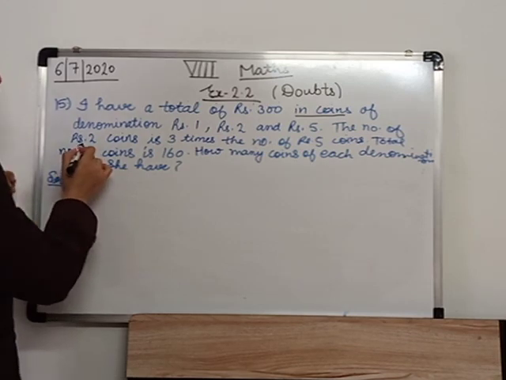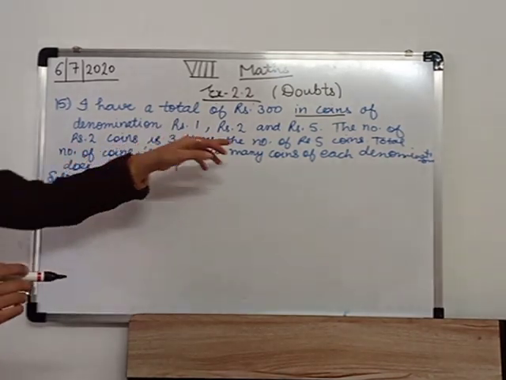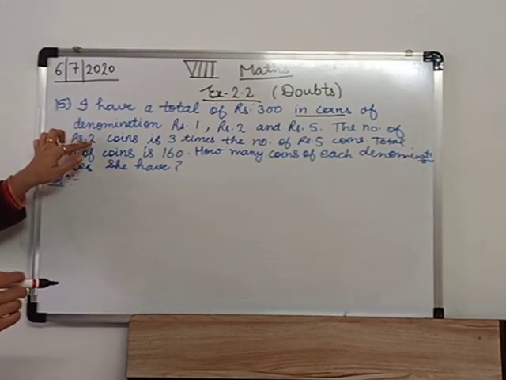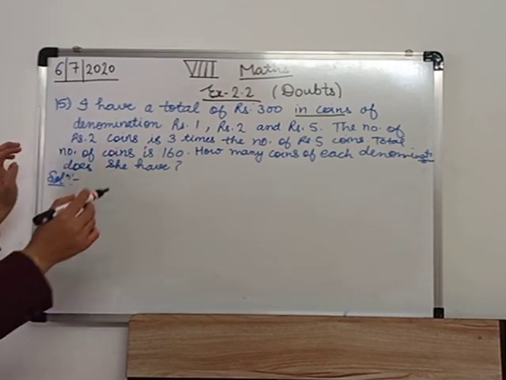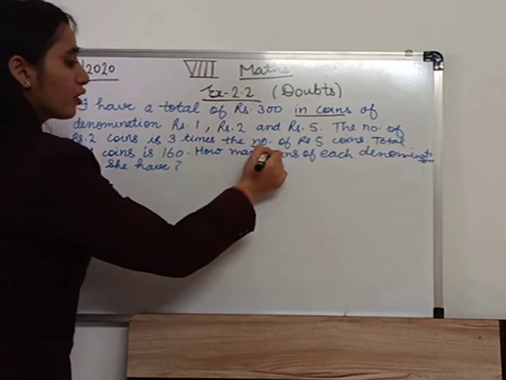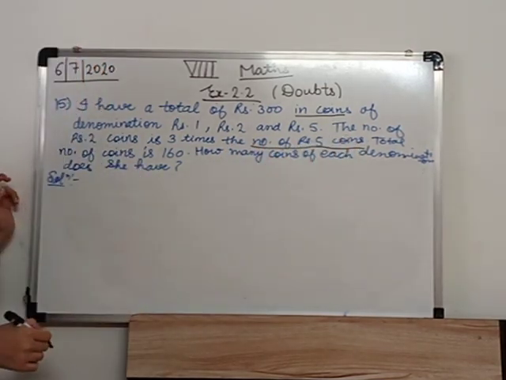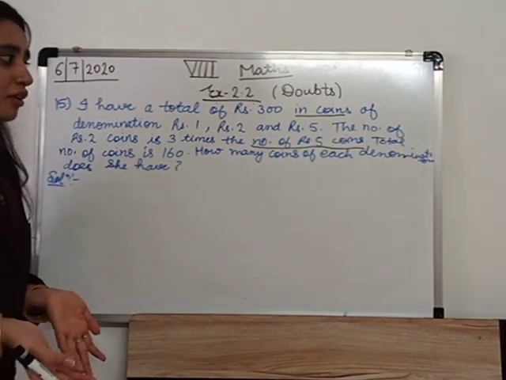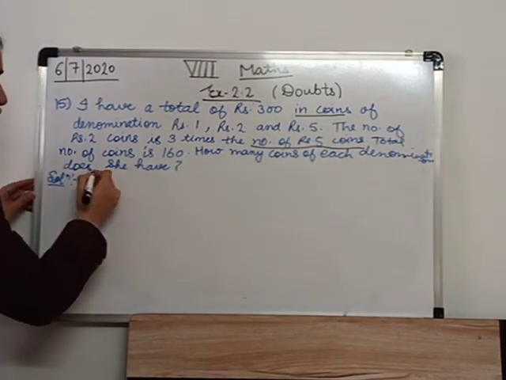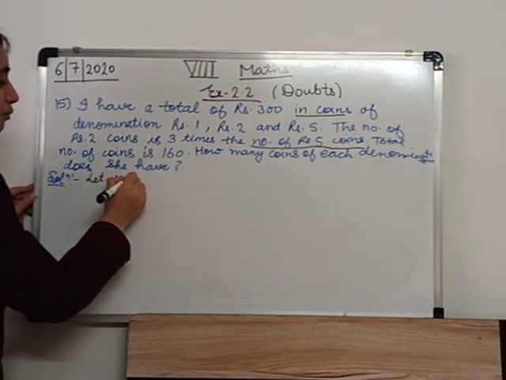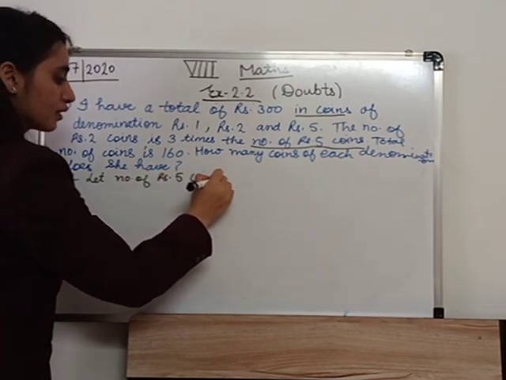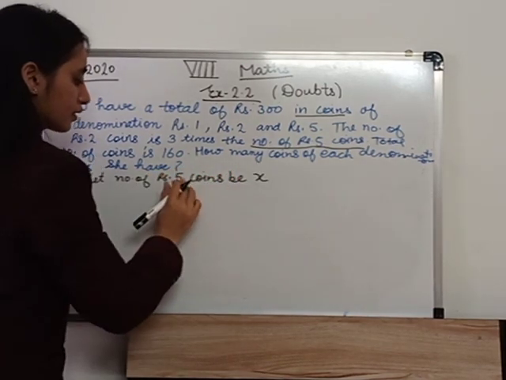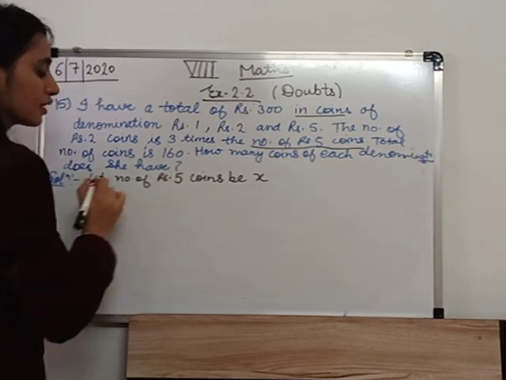And see this line: the number of rupees 2 coins is 3 times the number of rupees 5 coins. But the number of 5 rupee coins we don't know. So first let the number of rupees 5 coins be x.